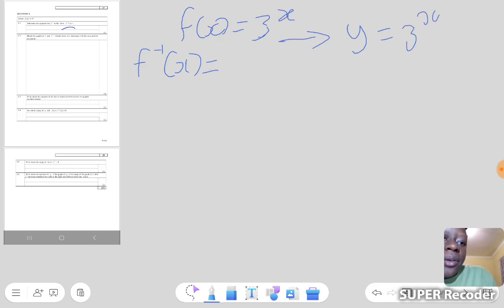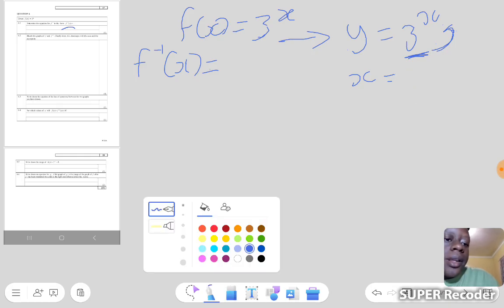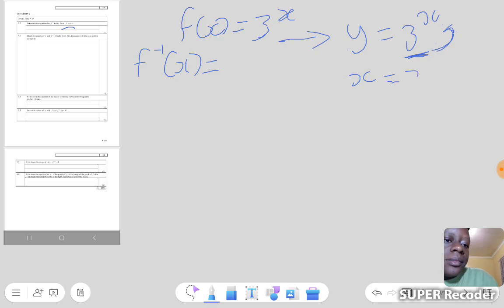3 to the power... and remember that I told you that this base will always be an inverse of an exponent. It's a log. We have to introduce the log, but then we have to interchange. x will be equal to 3 to the power y.